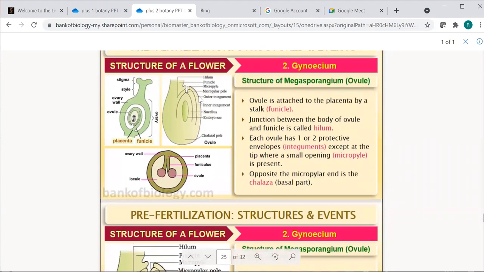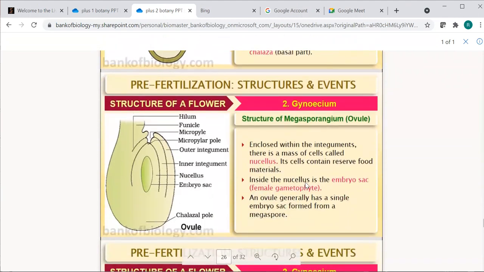In the picture you can see the hilum, funicle, the micropyle is the opening, opposite to the micropyle is the chalaza, and the integuments of the ovule. The ovule has one or two protective envelopes, the outer integument and inner integument. And the nucellus is somewhere inside that protective layer. That is this area. And inside the nucellus is the embryo sac. Understanding?